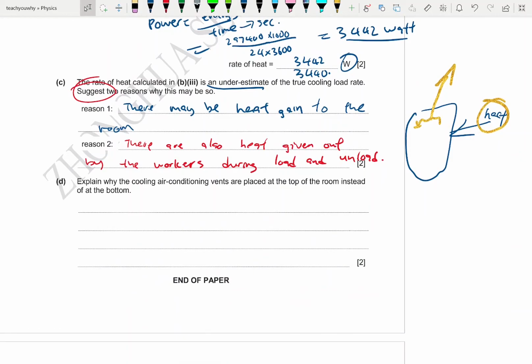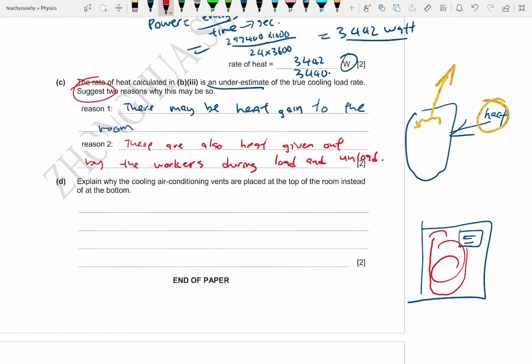Explain why the cooling air conditioning vents are placed on top of the room instead of the bottom. So basically, we have a room. Why we want to place a vent here on top is because by now you should know cold air sinks and hot air rises, so it forms a convection current.